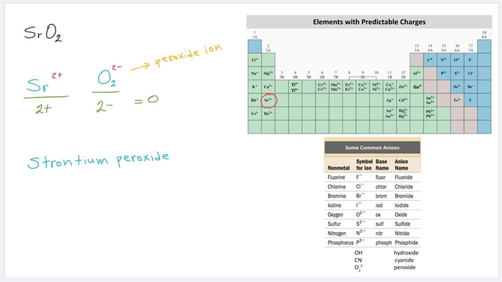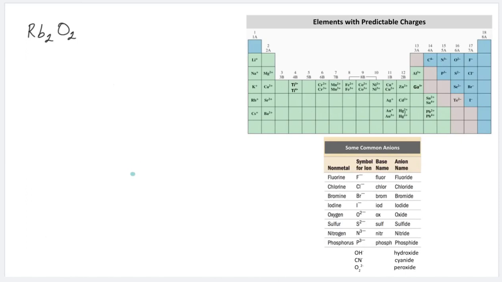Okay, so let's see one more example and see how we can analyze this. This is interesting, a little bit different. Here we have rubidium, and rubidium is in group 1. So that means that rubidium always is going to be +1.